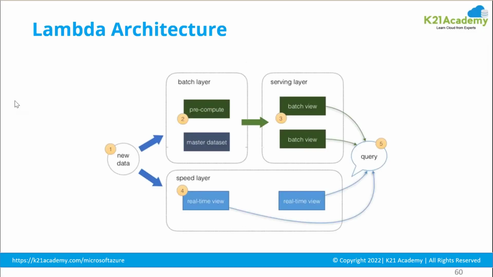If you look here, new data will come in. We may plan to handle it in parallel in the speed layer, which gives us a real-time view very quickly. We may also develop a master data set, which is a single source of truth, in the batch layer, using which we will create a batch view. The batch view is pre-computed. Why?